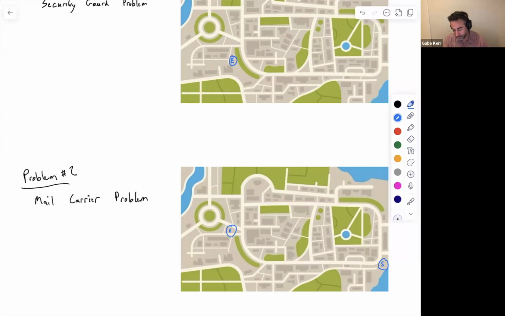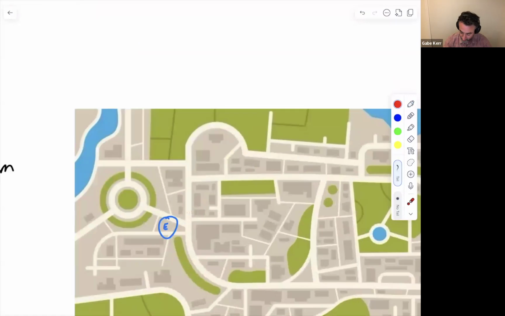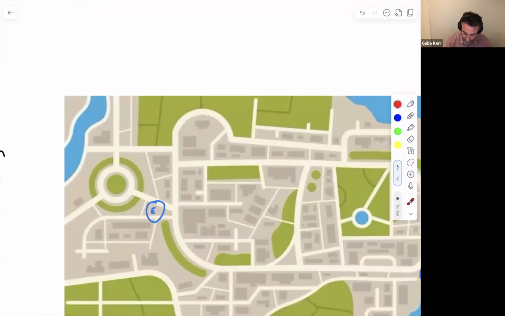Now, you may have some roads where the mail carrier wants to drop off mail, so there are some roads where you need the mail carrier to go down one way and also the other way.